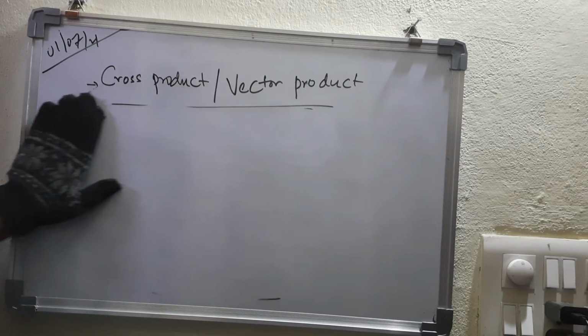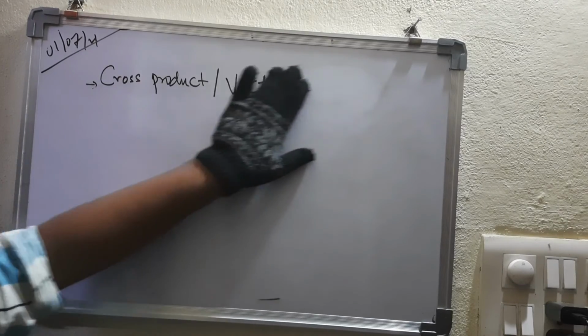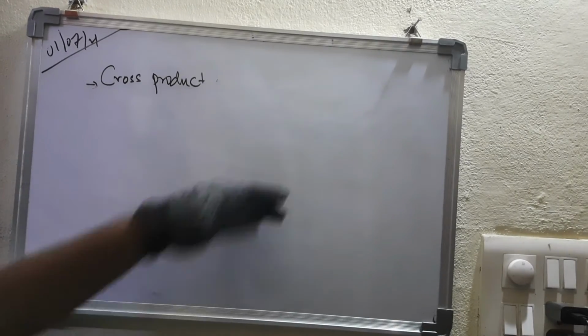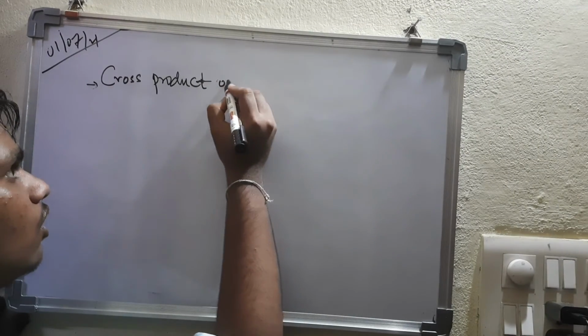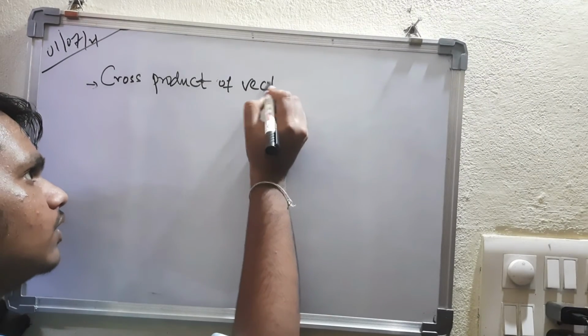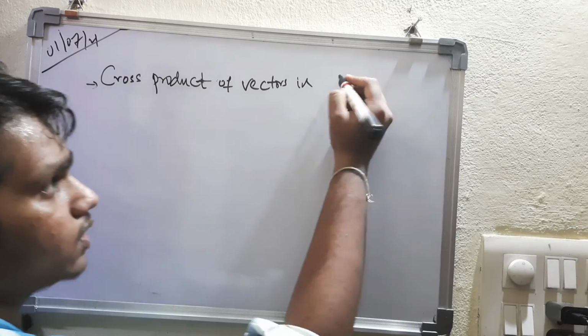Now, cross product of vectors in Cartesian form.